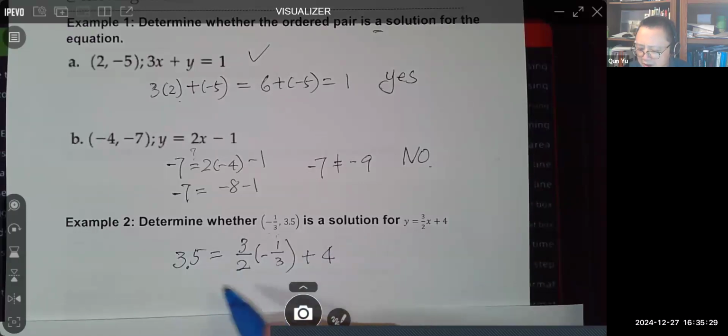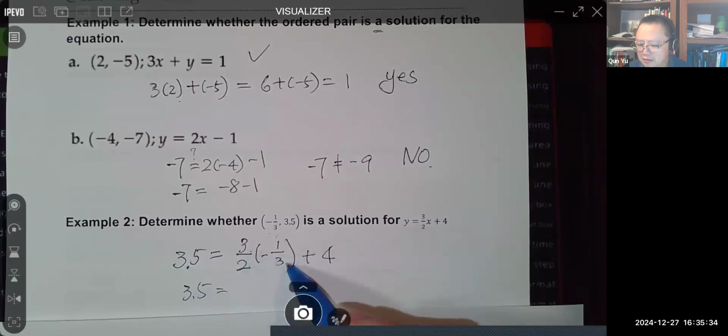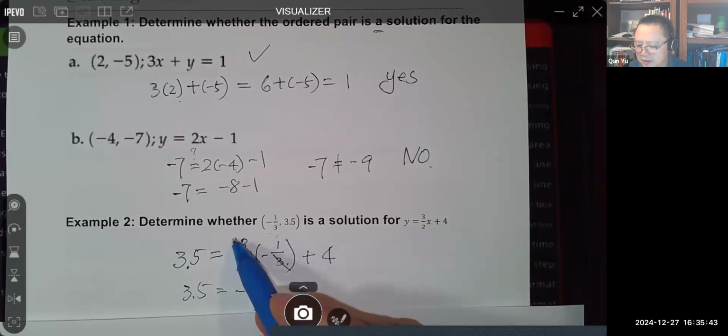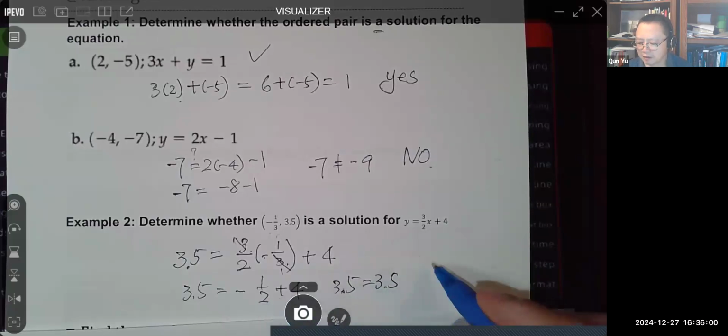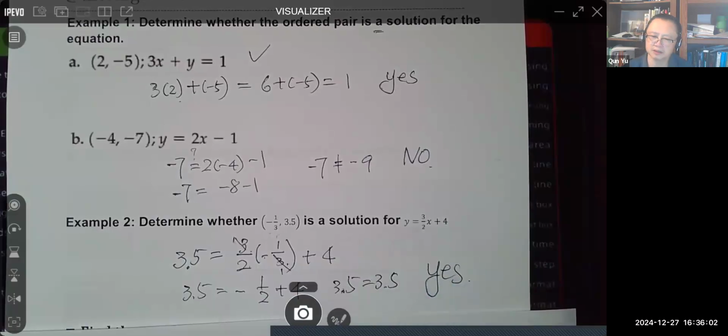Now let's do the calculation and see if they are equal or not. When we multiply fractions, we try to simplify them first. So these two cancel out. We get negative 1/2 because we only have one left on the top. This is the 1, this is the 1. And we have negative 1/2 plus 4, which is equivalent to 4 minus 0.5. And this is 3.5. So the answer is yes. This is the solution.